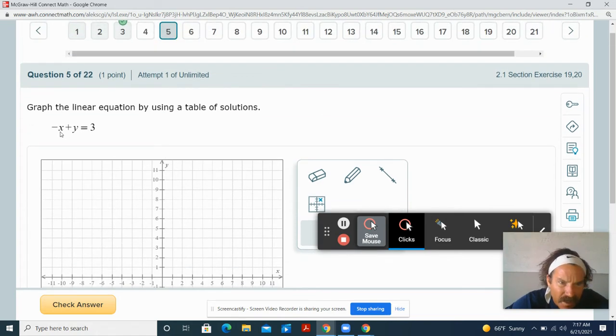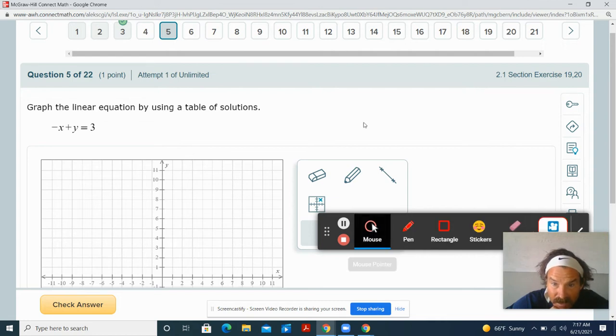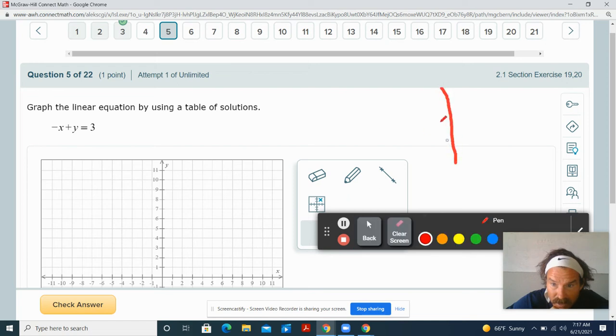If I just do a little table here, I just need to have two numbers, two points. So I'm going to do a little quick table, my x here and my y here.